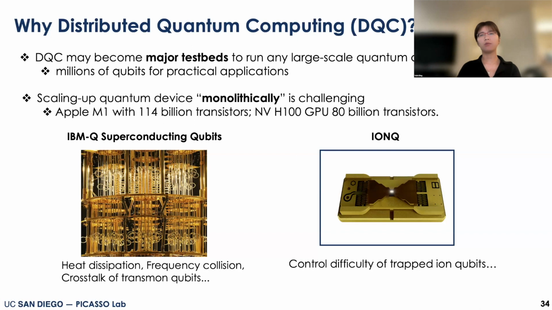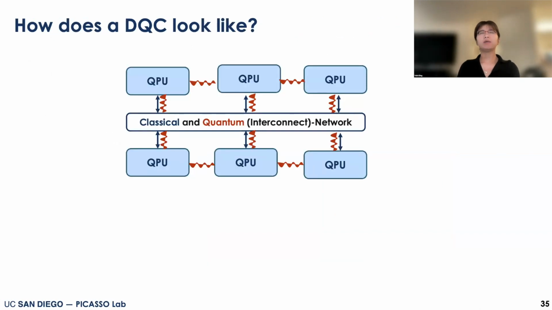That's why we are envisioning that in the future, when we want to build a machine, we may want to have a DQC-like architecture. This DQC could be a real distributed machine, for example connecting several refrigerators in a room, or chiplet designs, or even a machine distributed over several different states in the United States.